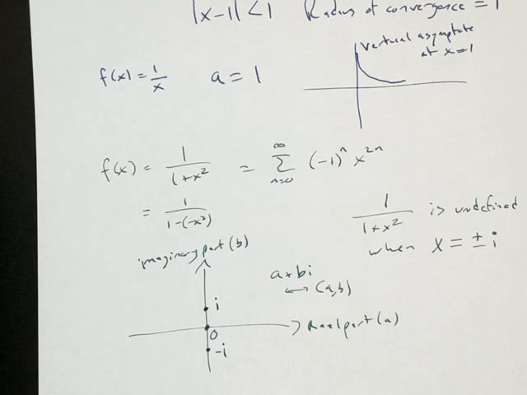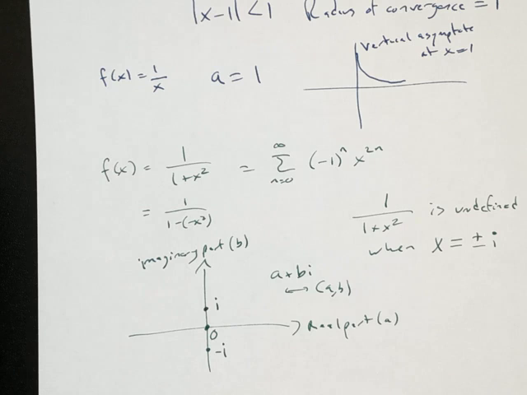How far away are those two numbers from 0? They're 1 unit away. Remember I said I was going to stand at the origin and push my arms out until I ran into something that got my function? I'm going to do it not just on the x-axis. I'm going to do it in a circle in the complex numbers.